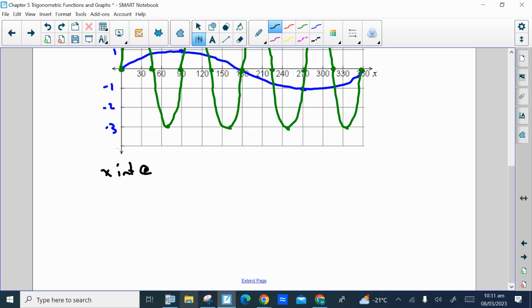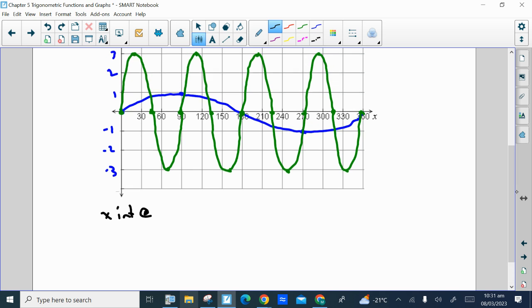So our first x-intercept is at 0, 0. The next one is at 45 degrees, then 90, then 135, etc. It's every multiple of 45 degrees. So 45n degrees, where n is an element of integers. Our y-intercept is the point 0, 0.